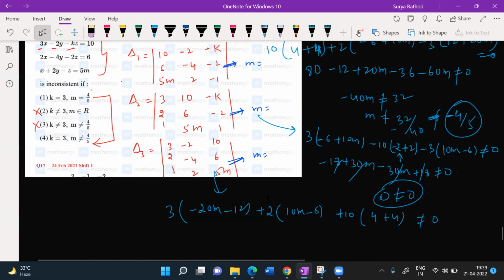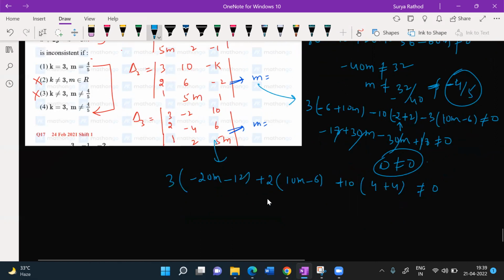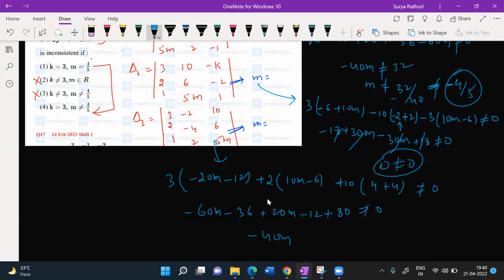So minus 60m minus 36, 20m minus 12 plus 80, is not equal to 0. And minus 40m, so minus 48 is equal to minus 32.